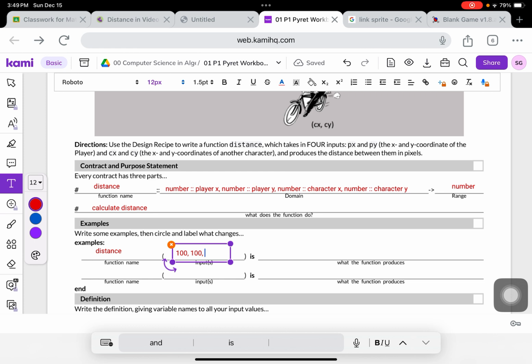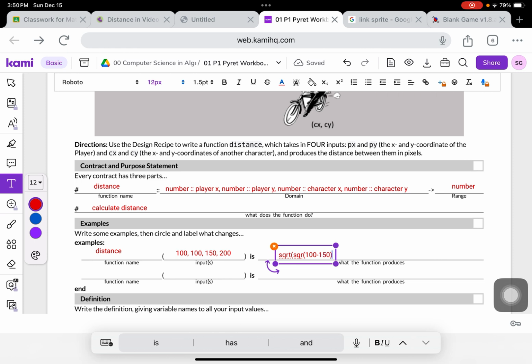Our enemy x is 150 and 200. This is going to take the square root of the square of 100 minus 150.